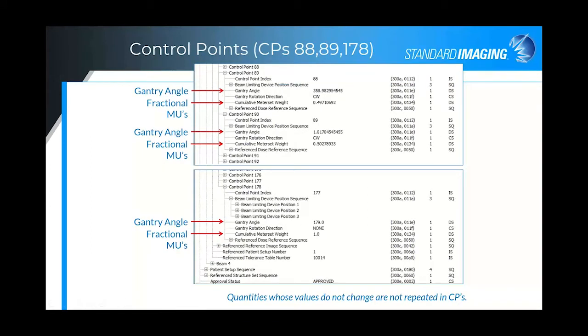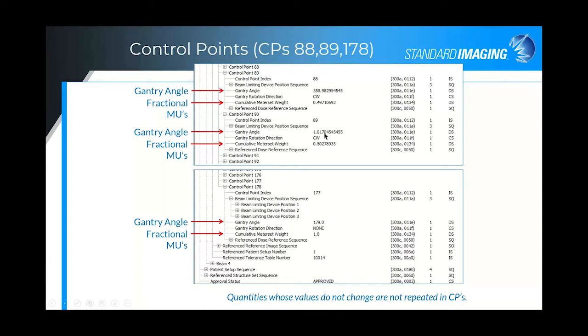Compared to control point 1, if one reviews additional control points, you can see there are many fewer parameters. For example, the couch positions, because those are not changing, because quantities whose values don't change are not repeated in subsequent control points. In this case, you can see that the gantry angle moves clockwise from 358 to just over 1 degree.